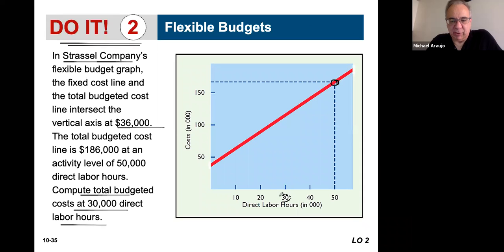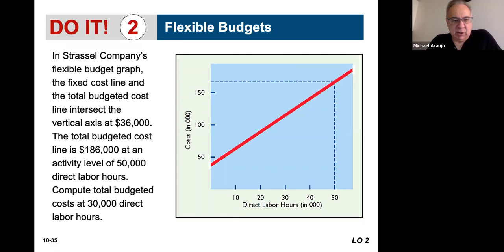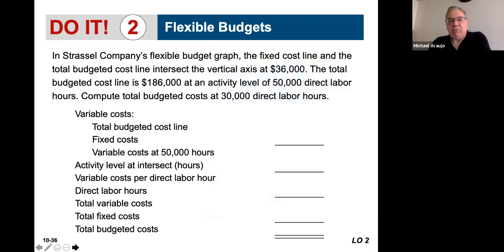Okay. Compute the total budgeted costs at 30,000 direct labor hours. So they want to know what the budgeted cost is at this level. So what we have to figure out is the variable costs. What we know is that the fixed line cost and the budgeted total cost intersect at 36,000, and the total cost is 186.